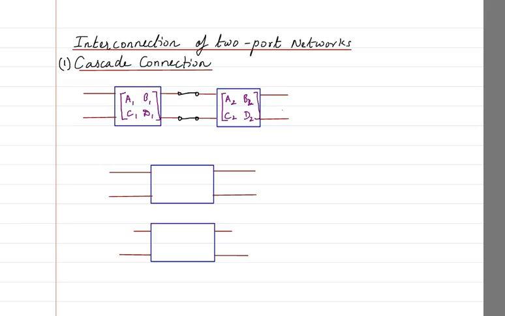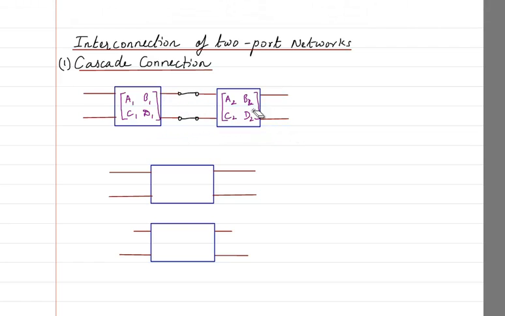So I have two networks whose T parameters are as I have written here, and I have connected them in cascade. Why am I saying cascade? Because I am connecting one after the other, by connecting the output of the first one with the input of the second one. This is the cascade connection.